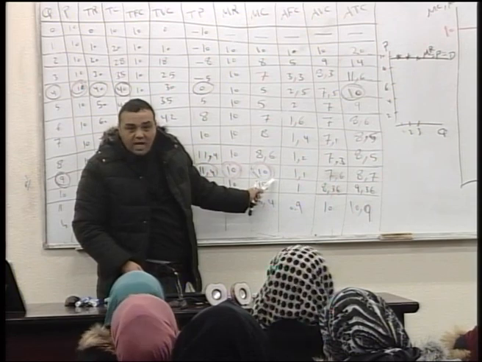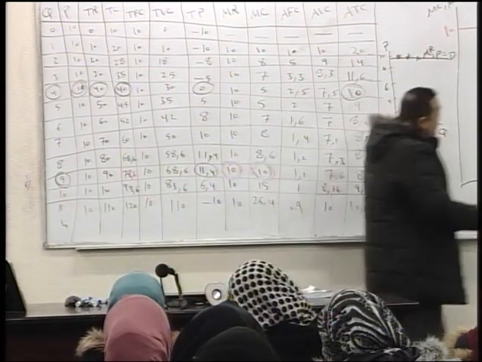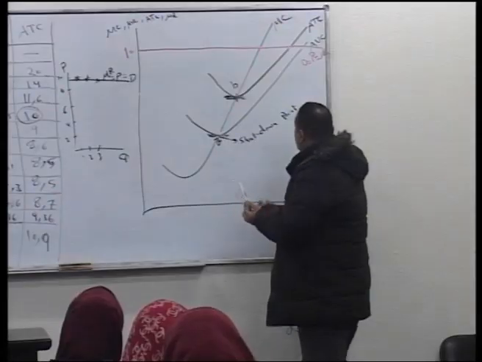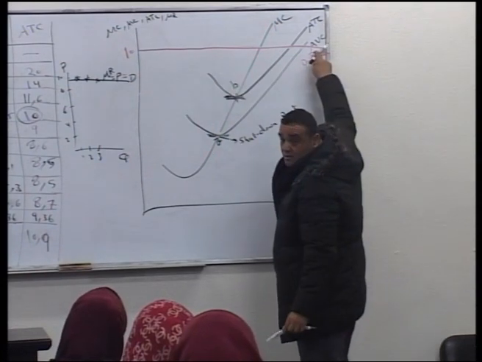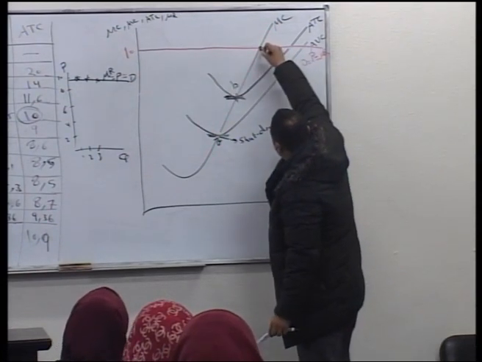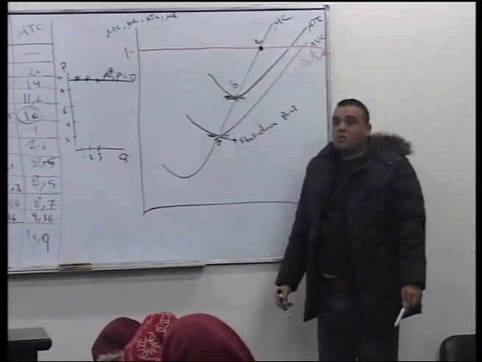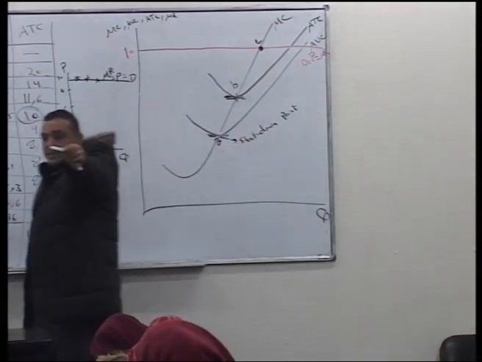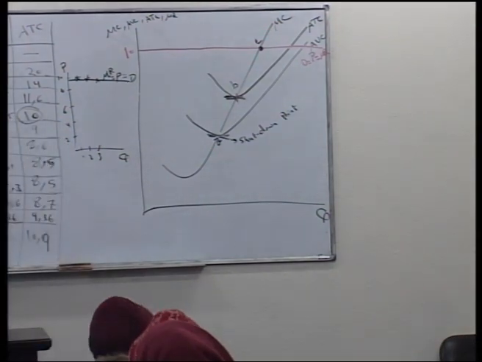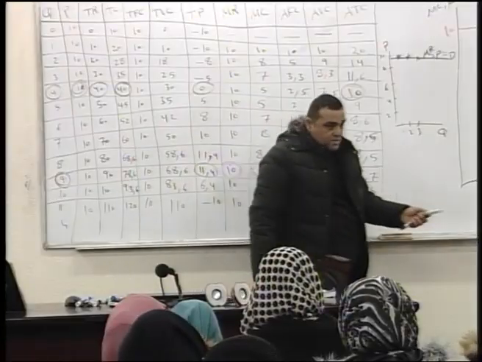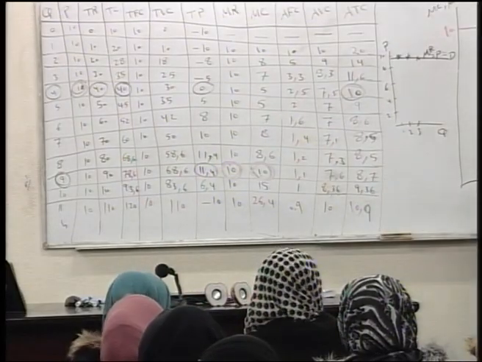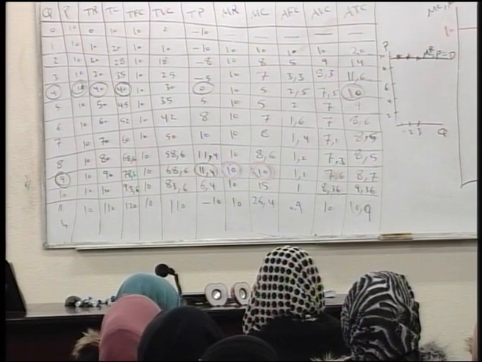This is the marginal revenue and this is the marginal cost. This is the equilibrium point, and from it we determine if the business performs a loss, profits, or break even.